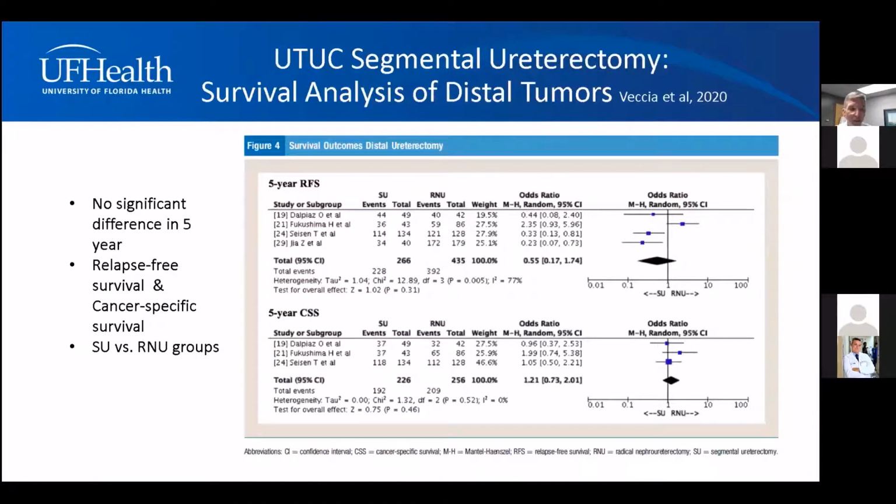There was no significant difference in the 5-year relapse-free survival or cancer-specific survival between the 2 groups. And if you look at this forest plot, you can see how it's swaying towards the segmental ureterectomy rather than the radical nephroureterectomy. So this would be something I think to consider when you're managing distal tumors.